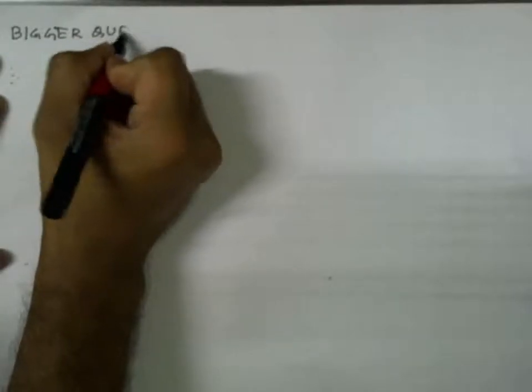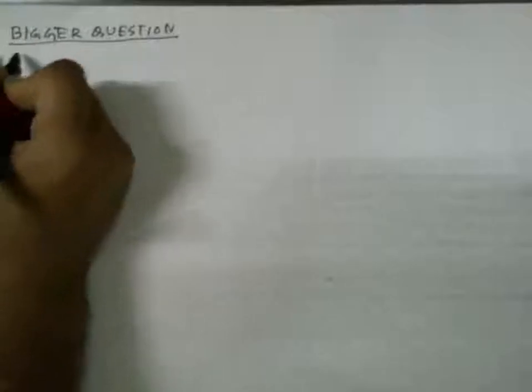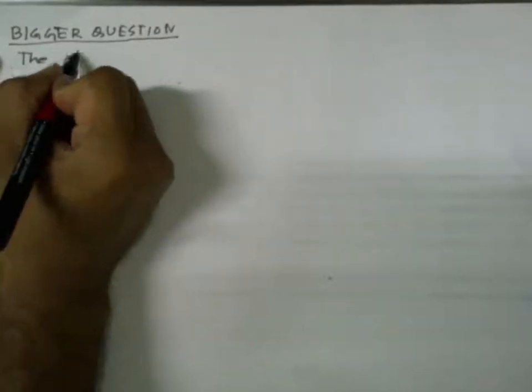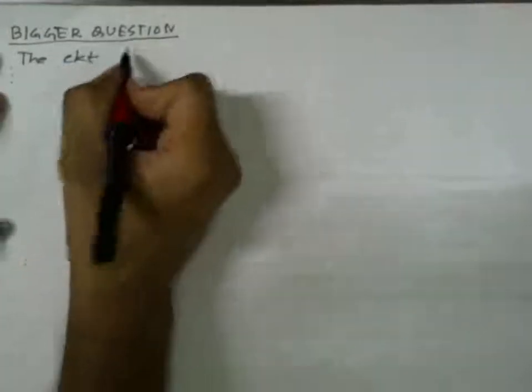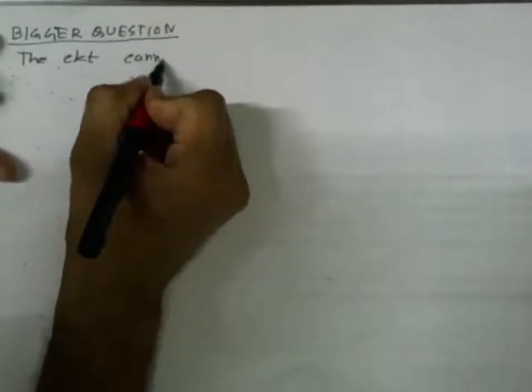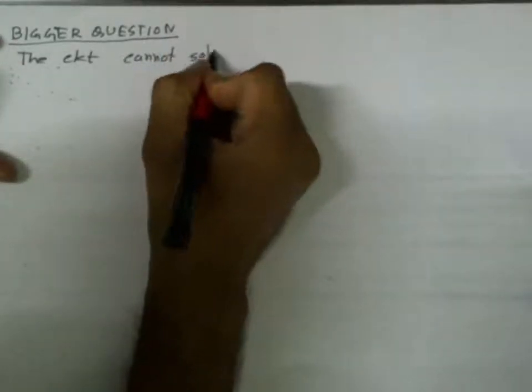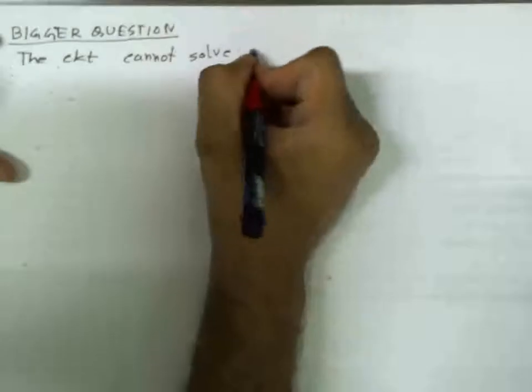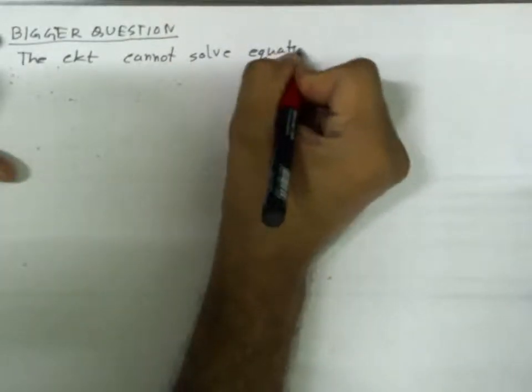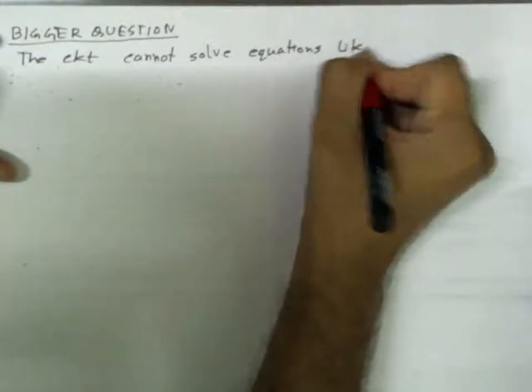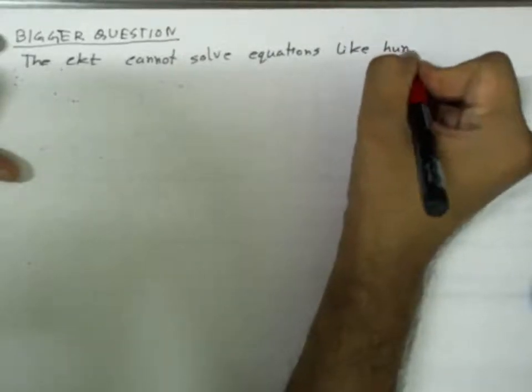So I have a bigger question which is as follows. The circuit cannot solve equations like a human being, like us.